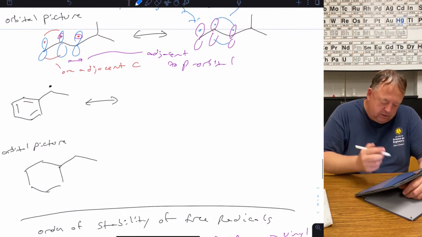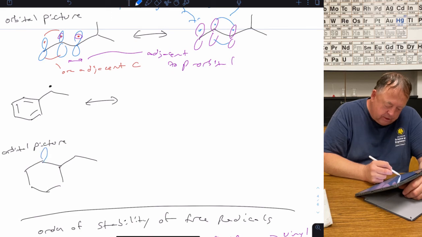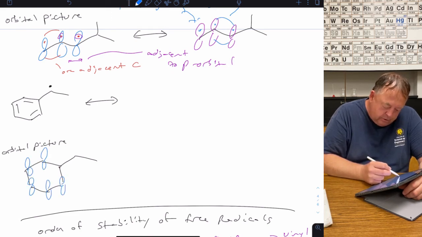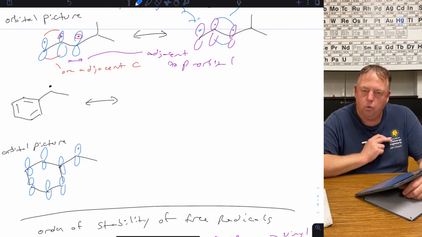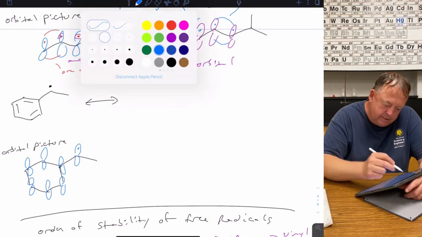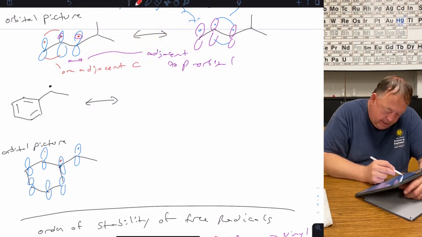And if it's in a benzylic position, each of the carbons in a benzene ring has a pi bond to it. So each of those carbons has a p orbital, and the radical is in a p orbital. So each of the carbons in benzene has one electron in their p orbital.